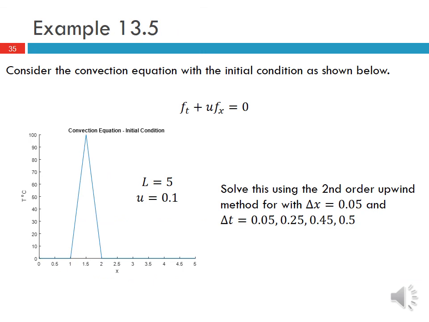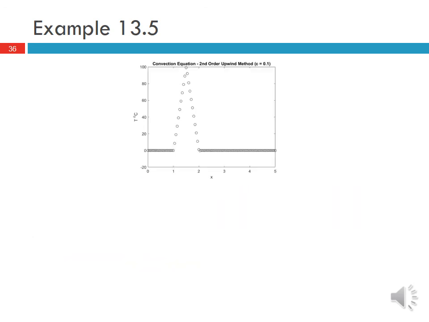So let's again look at the same example, but here we're going to be using the second order upwind method with this initial condition. So this is the result for C is equal to 0.1, and you can see that we get a pretty good solution where the wave that's propagating maintains the original shape relatively well.